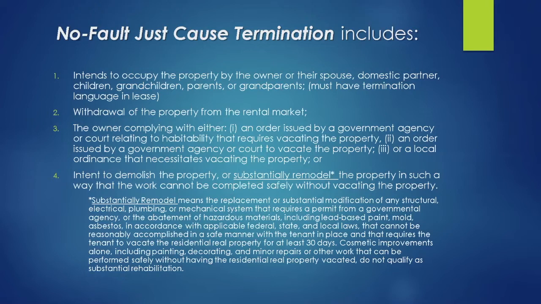Then 2, the withdrawal of the property from the rental market. The owner complying with either an order issued by a government agency or court relating to habitability that requires vacating the property, an order issued by a government agency or court to vacate the property, or a local ordinance that necessitates vacating the property.